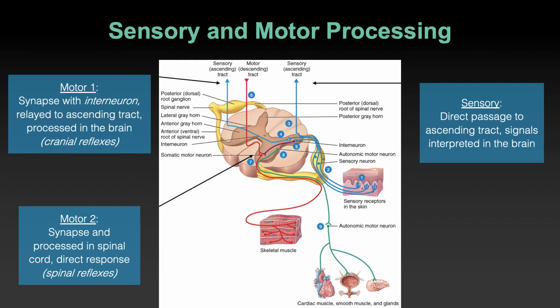This motor number two sends a signal to the spinal cord where it is processed, that is, it synapses with a motor nerve directly. So I don't have to wait for the brain to turn on a motor nerve. Instead, the signal goes into the spinal cord, relays with a motor nerve, and then the muscle's activated.